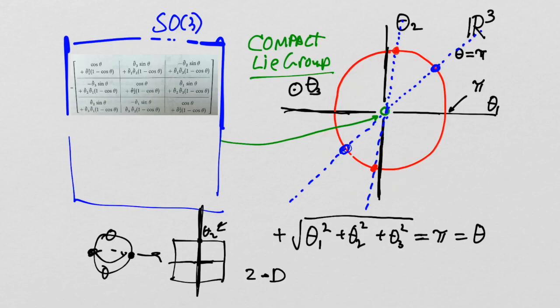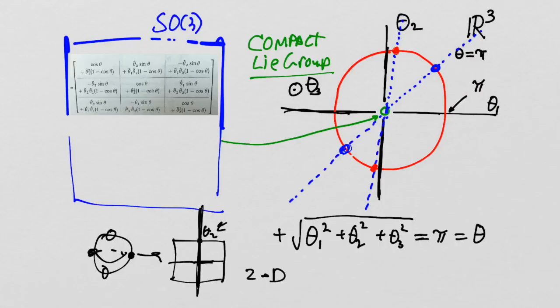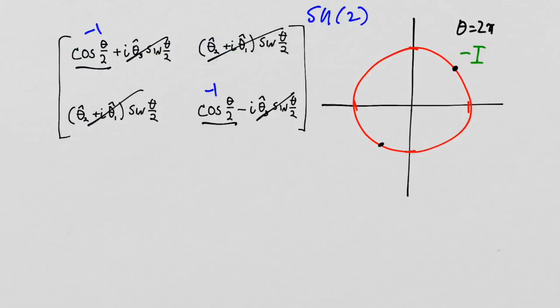This is not the same behavior as this. Here, the entire sphere represents minus the identity, and it goes out to 2 pi, and here, these antipodal points are identical, and it goes out to pi. So it's interesting that these are not the same groups. They're different. If this was truly isomorphic to this, then these two situations in the parameter space would be the same.